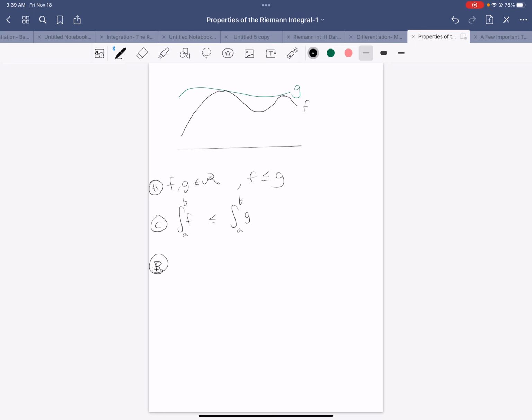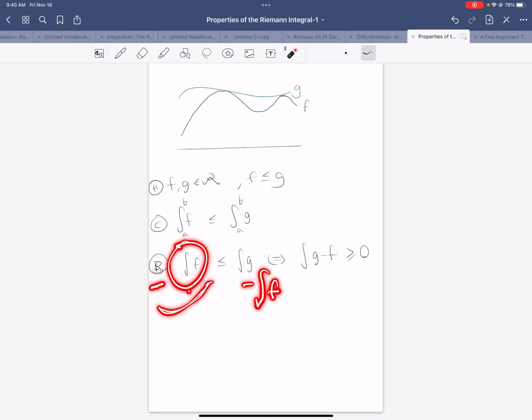We're going to say that the integral of f is less than or equal to the integral of g if and only if the integral of f minus the integral of g is less than or equal to 0, right? And that's the same thing as saying, if and only if the integral of g minus the integral of f is bigger than or equal to 0. So all I did was subtract this integral from both sides, right?